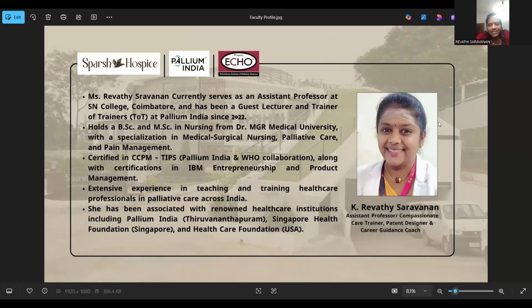I am also a patent designer, and we have rights on 3 patents for helping bedridden patients as well as spinal cord injury patients.